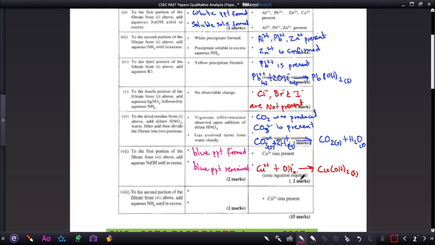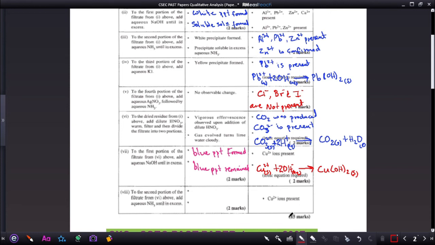This is aqueous. This was the dried sample, so we expect copper to be in the solid state, and of course you have to balance the ionic equation right there.